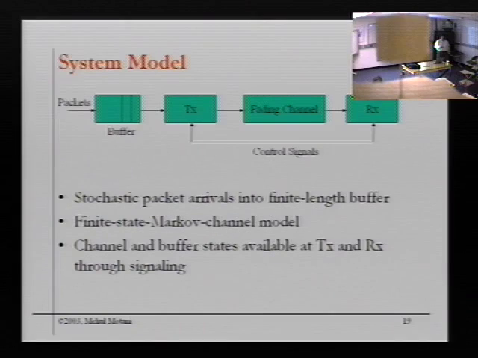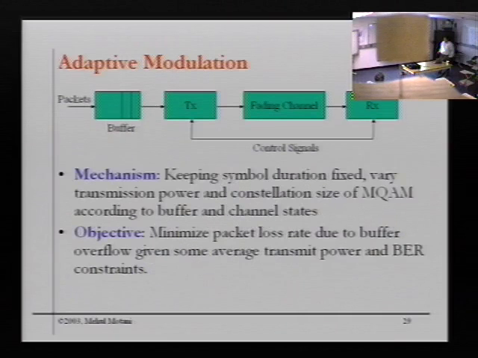For the channel, I have a finite state Markov channel model, and I'm going to make the assumption here that there's perfect, instantaneous noiseless feedback, so basically how the transmission parameters are varied is known both at transmitter and receiver instantaneously. You can do things like assume delayed feedback and so on, but for the purposes of this talk, we're looking at instantaneous feedback.